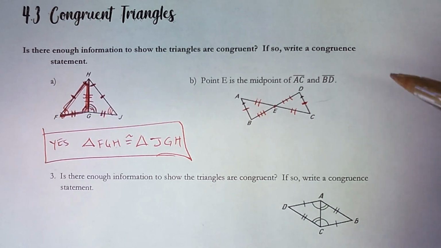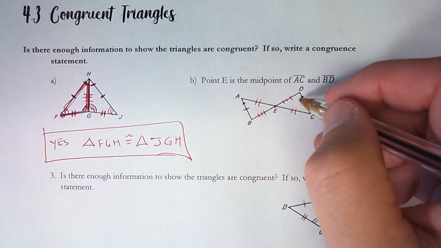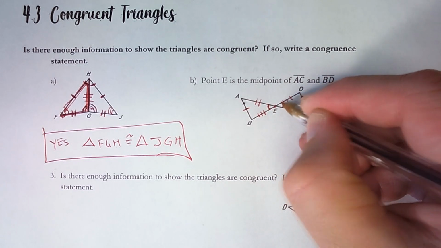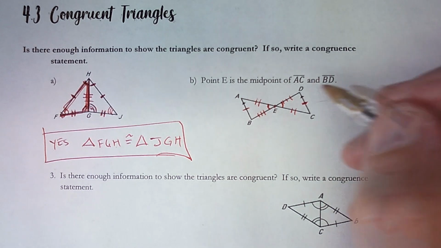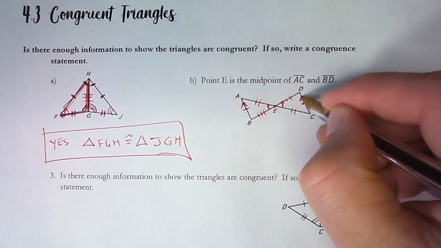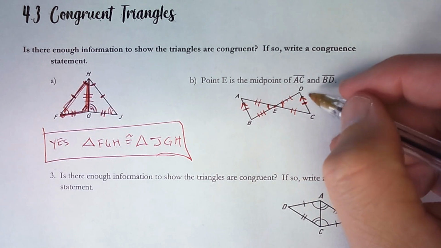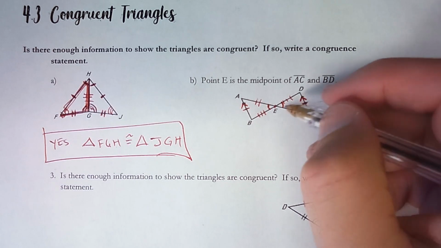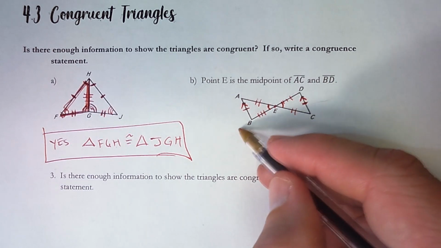Now can I say that all three sets of angles are also congruent? Well, I have a pair of vertical angles right here, so I know those are congruent. I also have these arrows here, which tells me these lines are parallel. And that's important because between parallel lines, alternate interior angles are congruent.